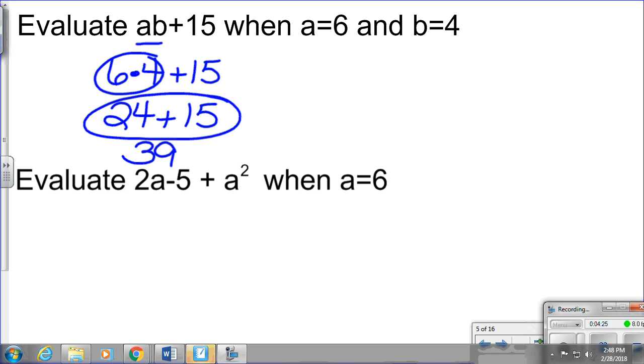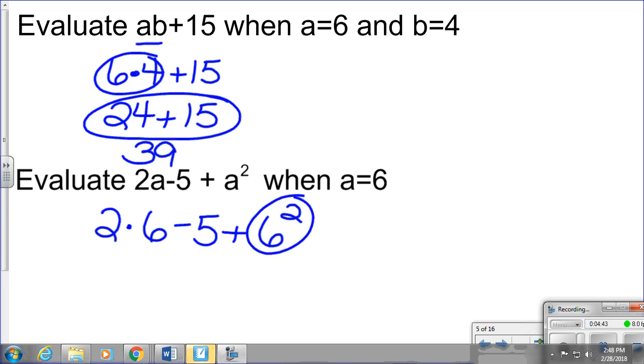And one last problem. 2 times A, which is 6, minus 5, plus A to the 2nd power, which would be 6 to the 2nd power. Order of operations. No parentheses. There is an exponent. 6 to the 2nd power is 36.